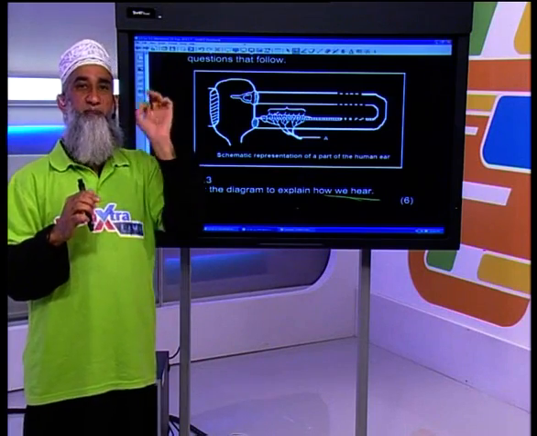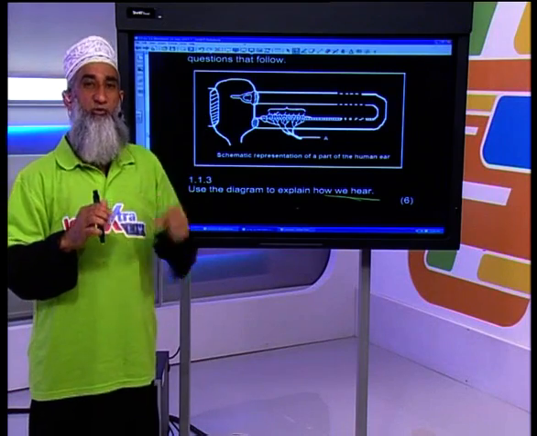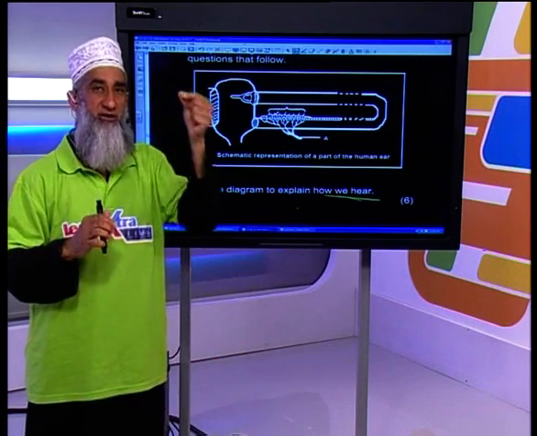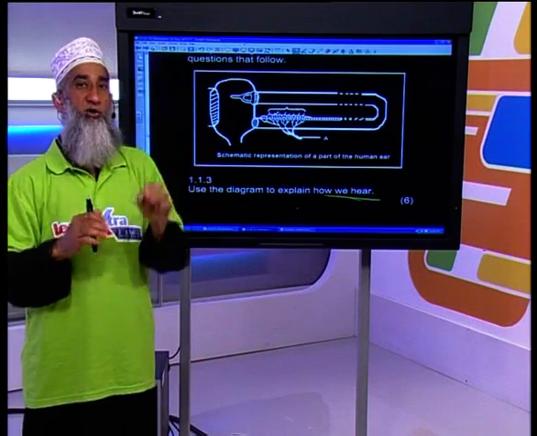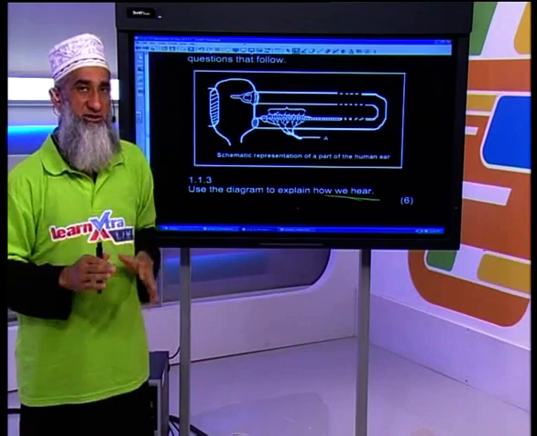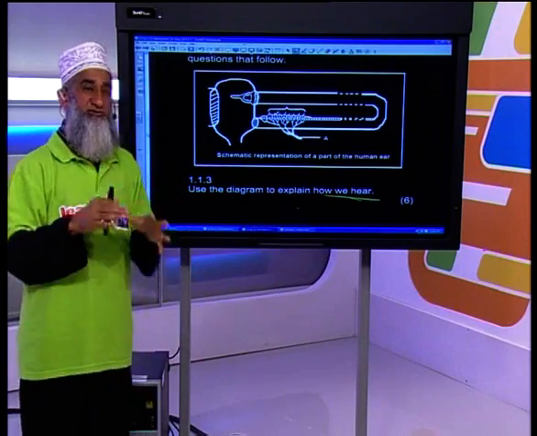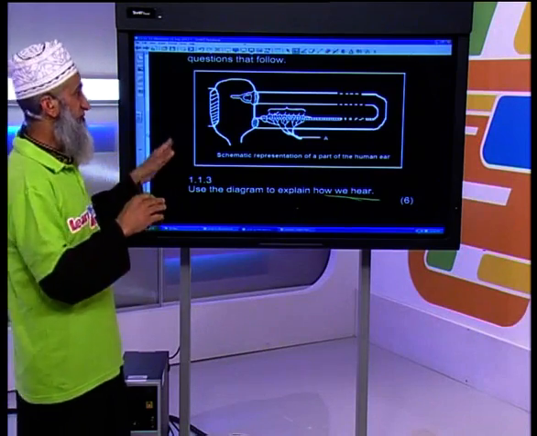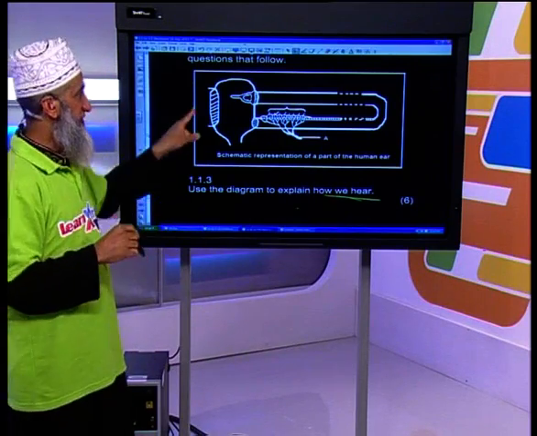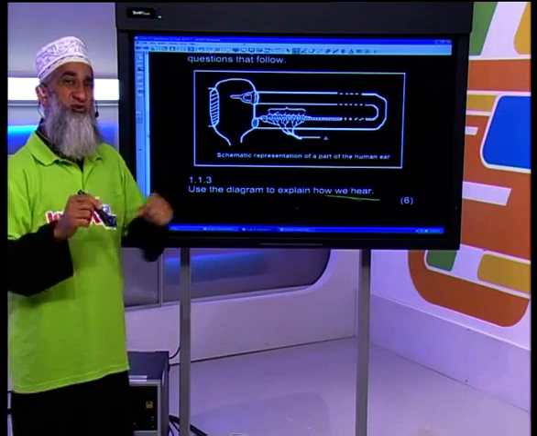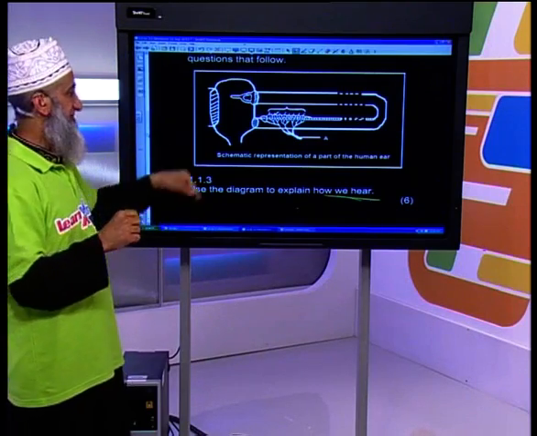These vibrations then beat onto the eardrum, which in turn beats onto the hammer, anvil, stirrup, oval window. Up to that point, most learners would get it right. They would get full marks if we asked that question. But once we go to the inner ear, confusion starts. So that's why a diagram like this is great to make you understand what is happening there.